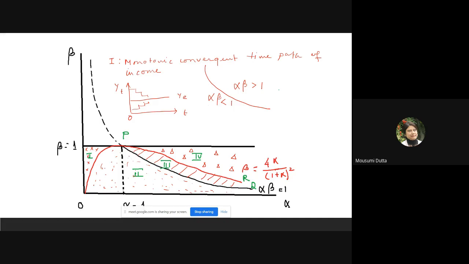Hence, the time path of yt will be oscillatory in nature.